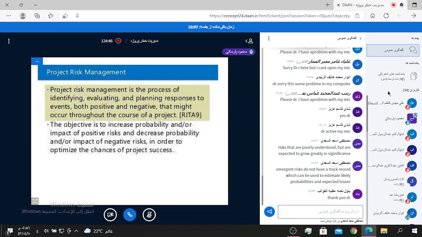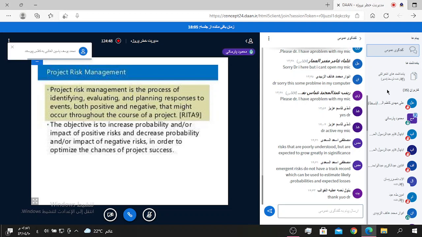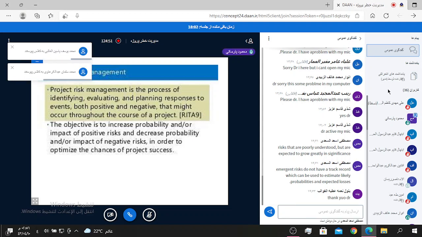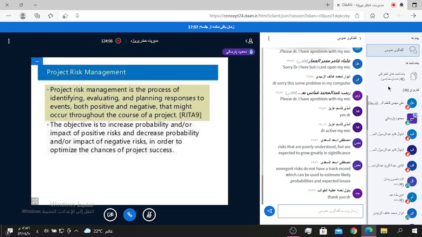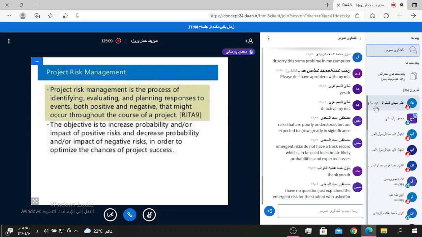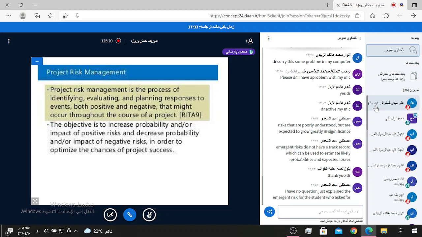After that we will rank and sort the risks, and in the next step we will decide about the more important risks in our risk management. Some risks will be omitted from our risk management procedure according to our objectives, our budget, our time and other conditions. I will discuss this in detail.